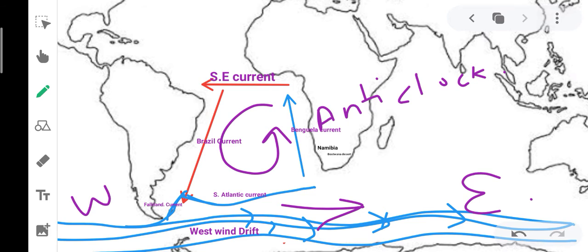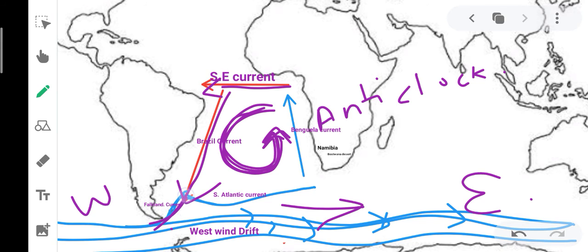So this is one complete movement of the South Atlantic Ocean. The South Equatorial current flows from the west coast of Africa towards the east coast of South America, and after striking the coast it travels in the southern direction as the Brazilian current. The Falkland current and the Brazilian current meet, which gives rise to the South Atlantic current.